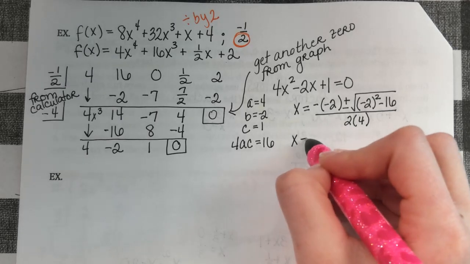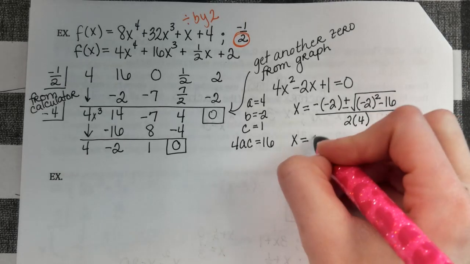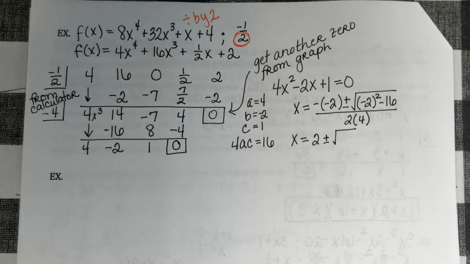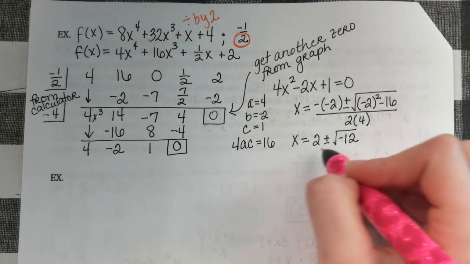So I get x equals -2 gives me a +2, plus or minus the square root of. What do I get under the radical? -2 squared is what? -2 squared is 4, minus 16, -12, all over 8.